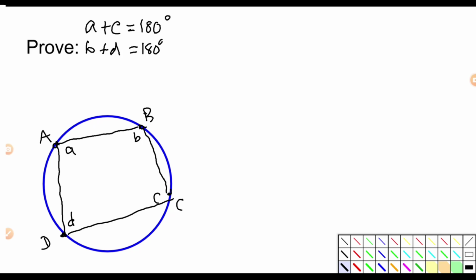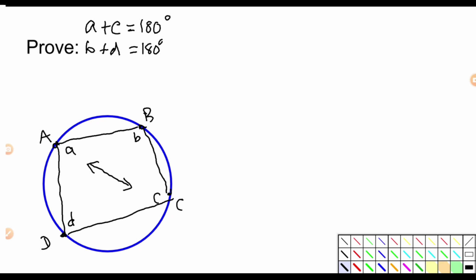This will follow the same kind of pattern that we did last time, but since in this problem, let's try to use these ones first. So we're going to try to prove this one first, this pair. We're going to have to do this twice, but we're going to just do it once and then you can do the second one on your own. So let's try to prove that A plus C equals 180.